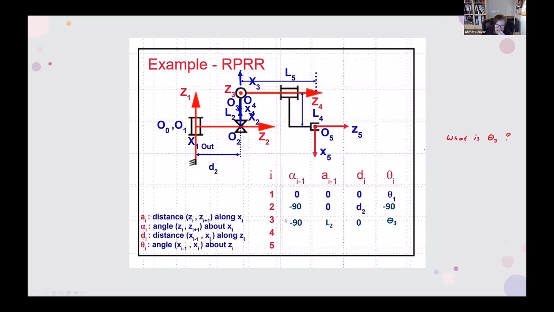Now, let us look at the third row. What is theta 3 here? Now again, let us read from here.